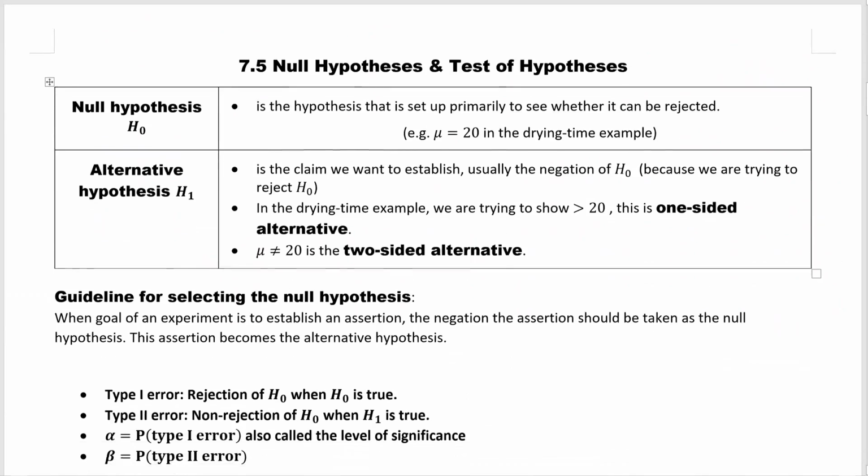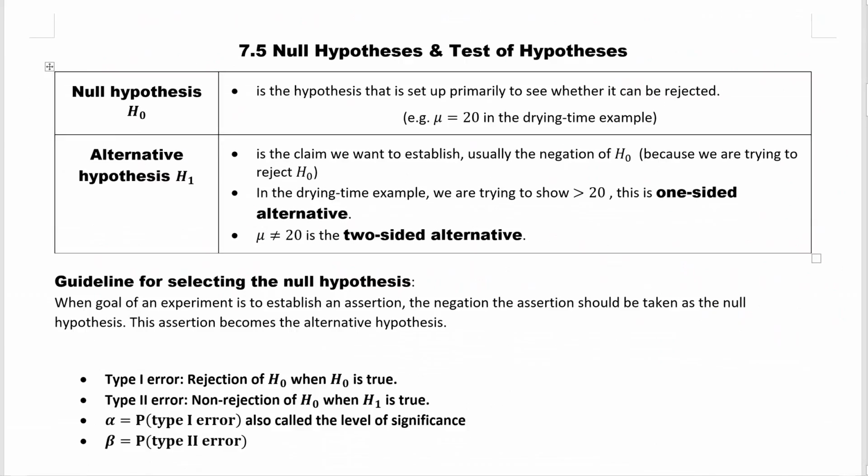Let's continue to look at 7.5, the null hypothesis and test of hypothesis. In 7.4, we talked about the drying time example, and now we're going to talk more in general. The null hypothesis, H0, is the hypothesis that is set up primarily to see whether it can be rejected. This is like the manufacturer's claim, which we want to test whether it is true or false.